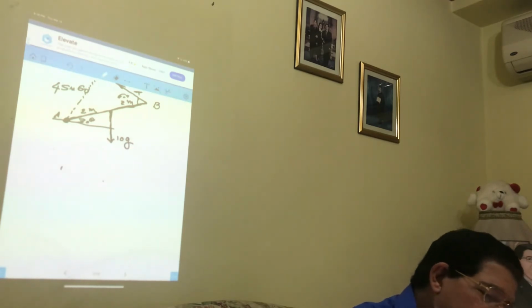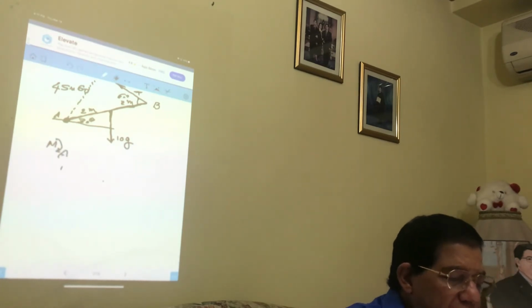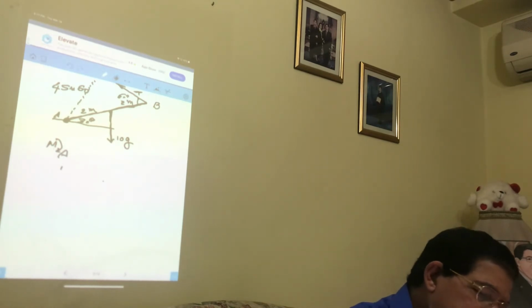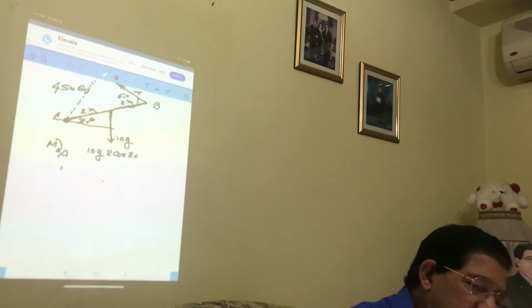Therefore, we take moments about A. Therefore, the force at A is not included. We say 10g times 2 cosine 30 equals T times 4 sine 60.